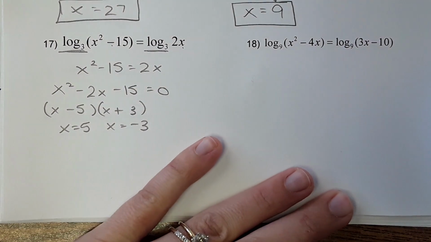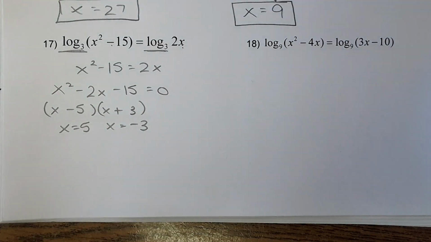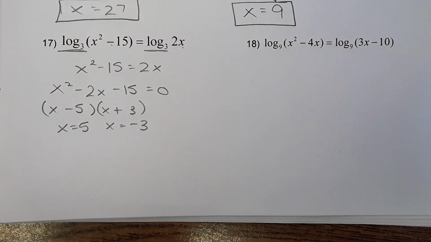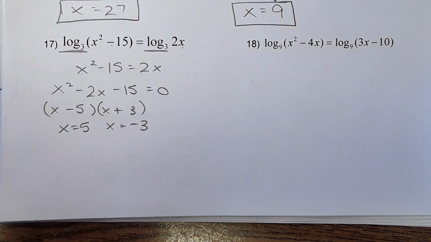Here's where like the whole year's worth of work comes together. Okay, so we got these two values, but it says plug the values back in to make sure it doesn't take a log of a negative, which isn't allowed.